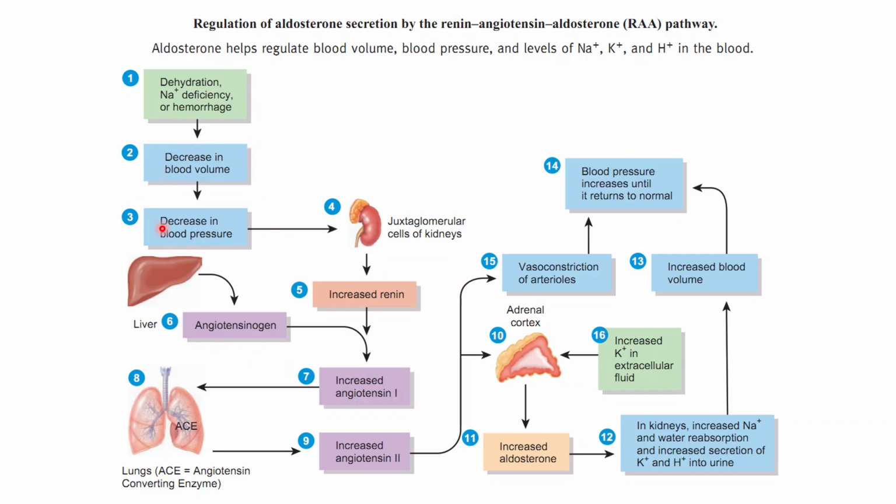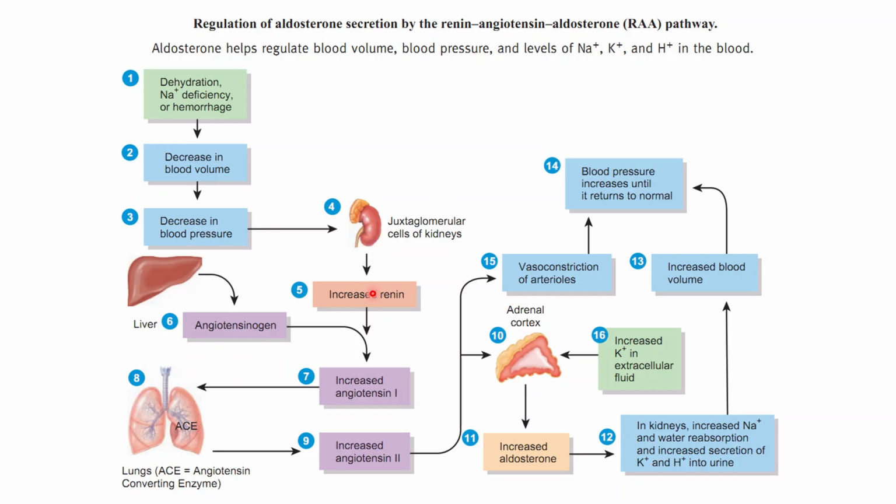Decrease in blood volume would lead to decrease in blood pressure, and this would lead to decreased renal perfusion. This is sensed by cells in the juxtaglomerular apparatus of the kidney. So the JG cells, the juxtaglomerular cells, are the ones that sense this drop in renal perfusion in the kidney, and they release renin.